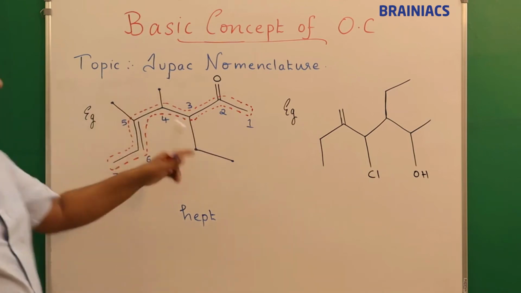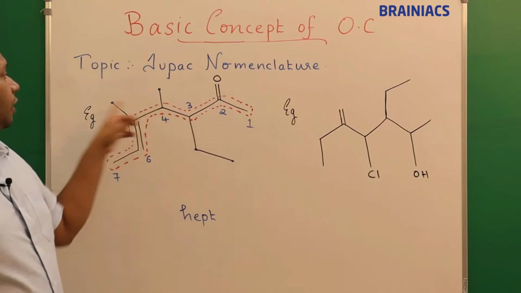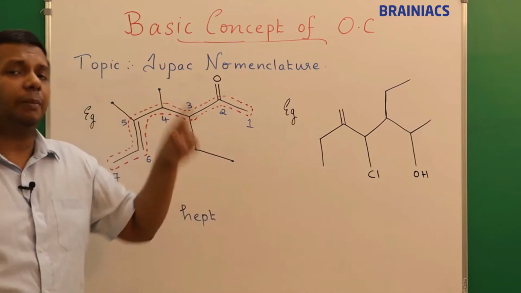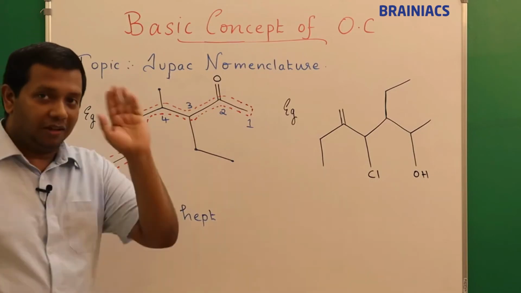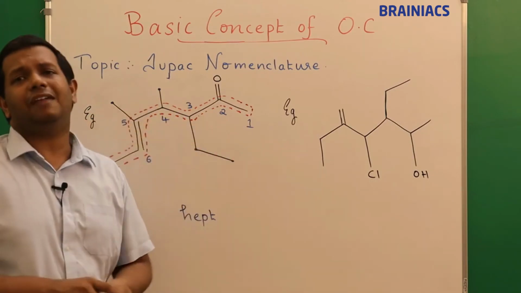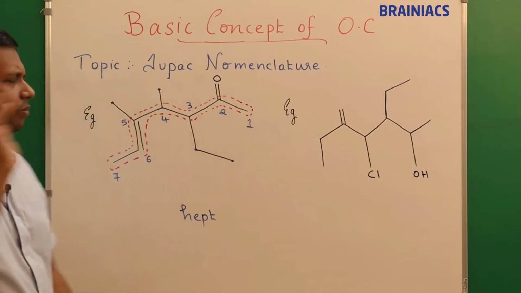We know that E comes first. Many students have a doubt: sir, at 4 and 5 there are 2 methyl groups, so we said dimethyl, so D is coming first before E, right? Please remember, di, tri, tetra are not considered for alphabetical comparison. Very important point.